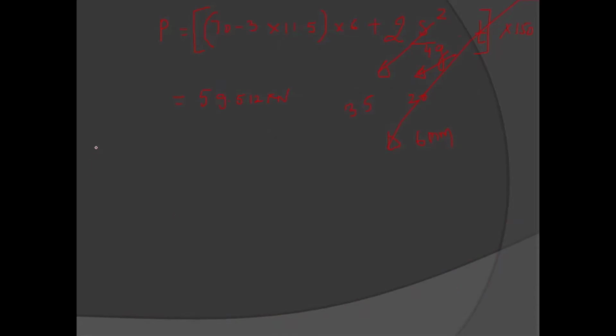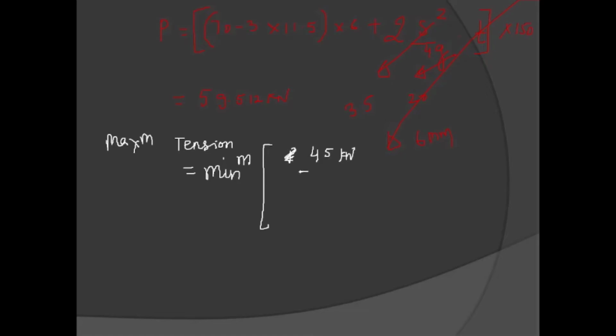So you can say our final shear capacity, that is the maximum tension, is equal to the minimum of 45 kilonewton, 52.65 kilonewton and 59.512 kilonewton.